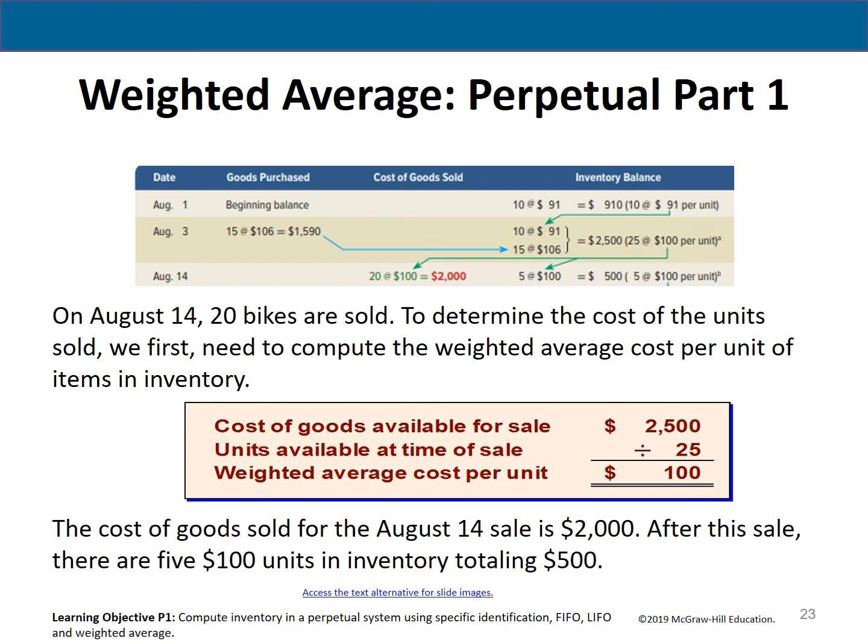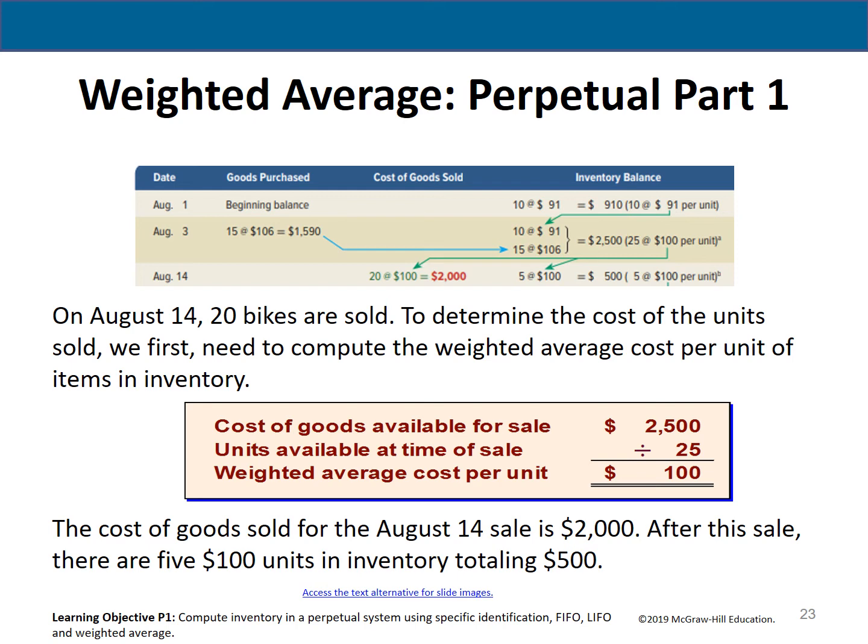Now divided by the total number of bikes you own before the sale, 25. So the average cost per bike is $100. So when we sell those 20 bikes, we remove them at their average cost of $100. So cost of goods sold would be $2,000. What's left? 5 of the bikes at $100 each. So now the new average cost is $100.